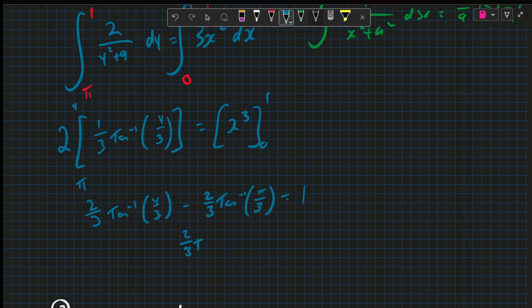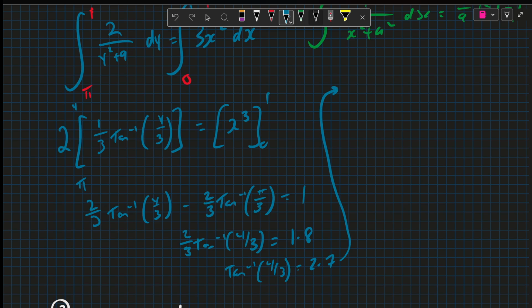So we have 2/3 tan inverse of y over 3 equals 1.8. Times that by 3 divided by 2. So I got 1.8 times 3 divided by 2 is 2.7. So tan inverse of y over 3 is 2.7.